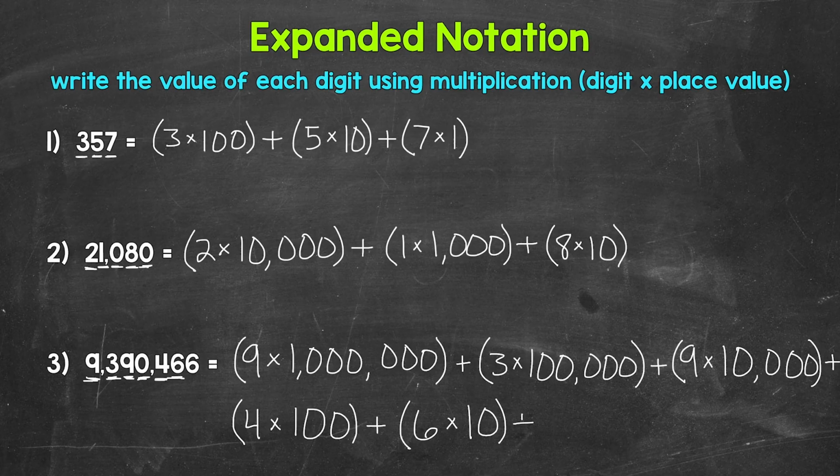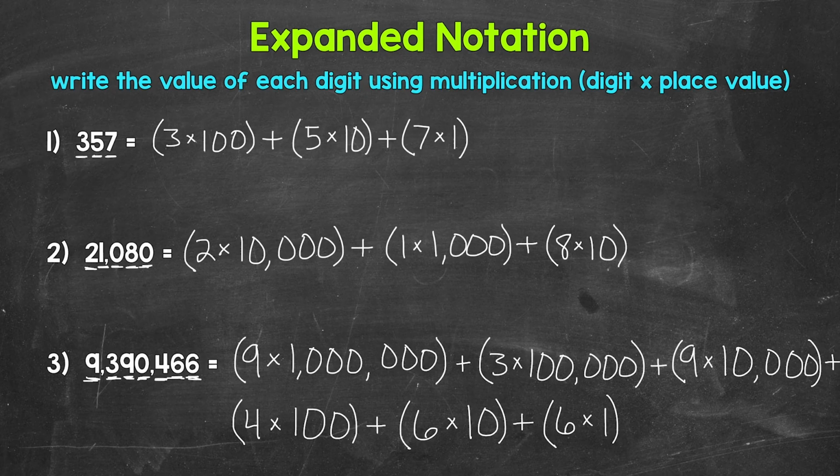And then lastly, we have another 6 in the ones place. So our digit of 6 times, and again, it's in the ones place, so times 1. And that's it. That's our expanded notation for 9,390,466.